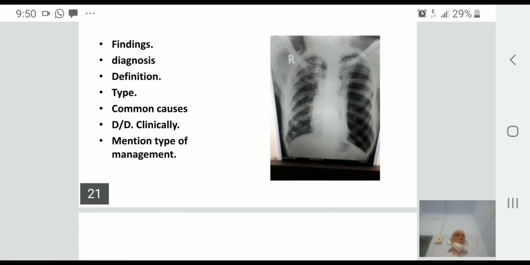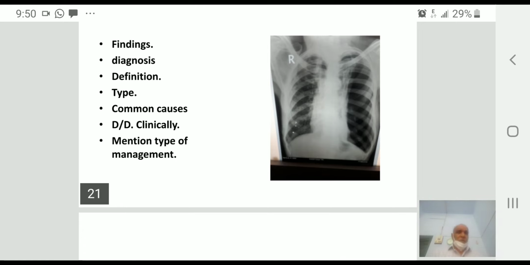Look at the X-ray chest and tell me the finding and diagnosis. X-ray chest PA view. There is a radiolucent area in the left lung.